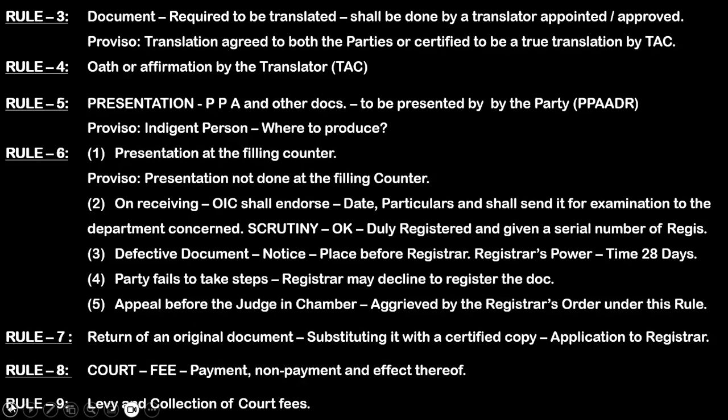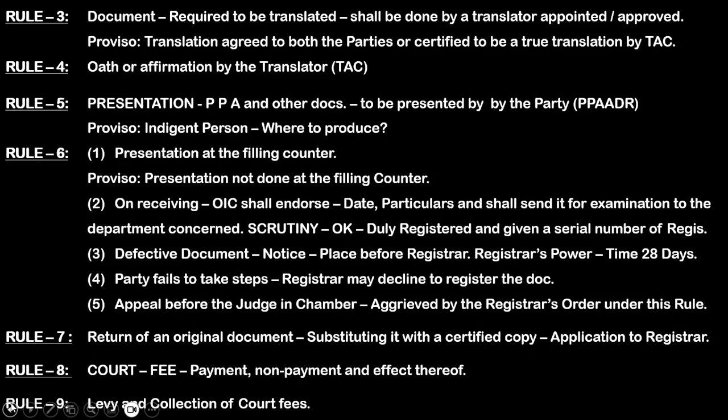I have made a filing, I have filed an Article 32 petition. There are some defects. Where a document is found to be defective, the said document shall, after notice to the party filing the same, be placed before the registrar. The registrar may, by an order in writing, decline to receive the document if, in his opinion, the mandatory requirements of the rules are not satisfied.